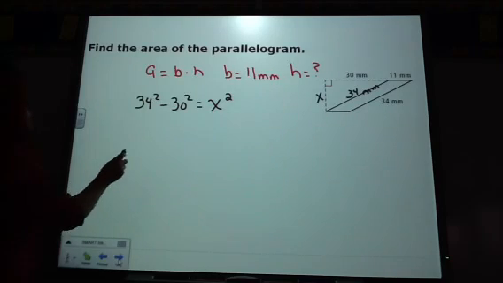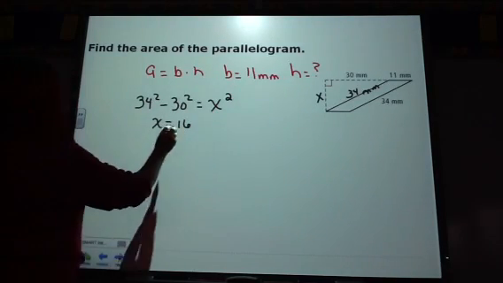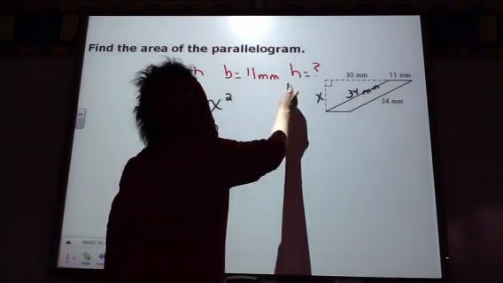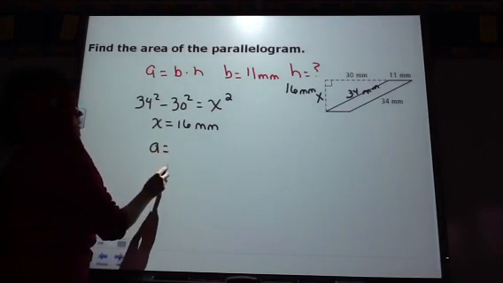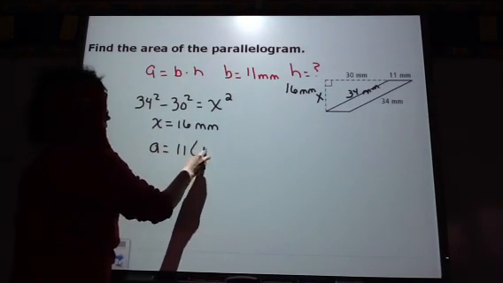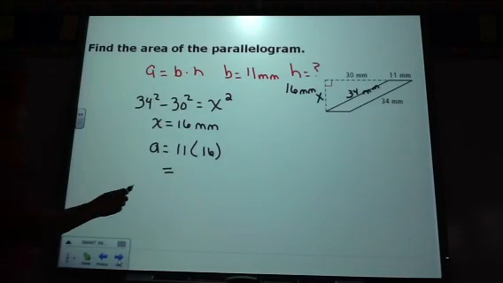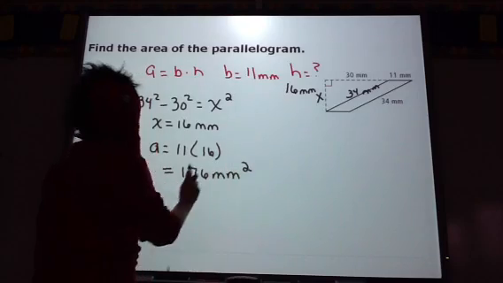So when you do this, you're going to get x equals 16. And that's millimeters. Okay? So our height is 16 millimeters. So now we can substitute in. Our base is 11. Our height is 16. Therefore, the area of this parallelogram is 176 square millimeters.